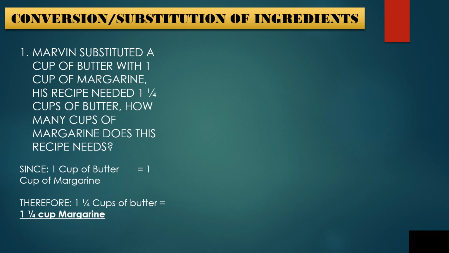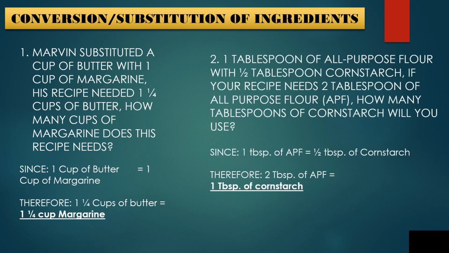Okay, so another problem. 1 tablespoon of all-purpose flour with 1/2 tablespoon of cornstarch. If your recipe needs 2 tablespoons of all-purpose flour, or EPF, how many tablespoons of cornstarch will you use? Okay.